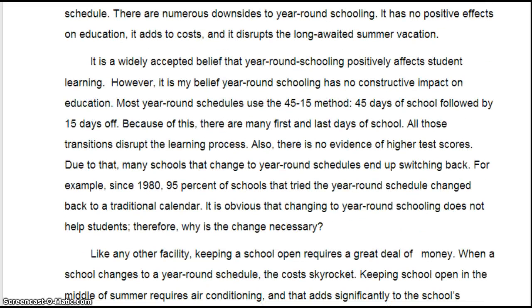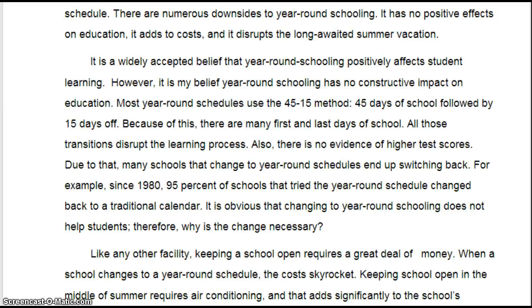That starts, "It is a widely accepted belief that year-round schooling positively affects student learning." Now, in an earlier activity, you have already traced the reasons and the evidence. So I want to go over that just very quickly in this paragraph with you.